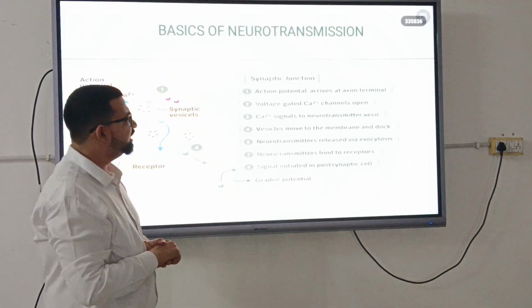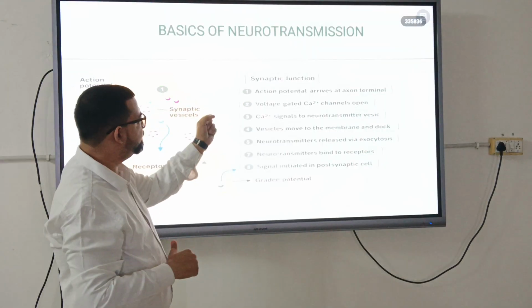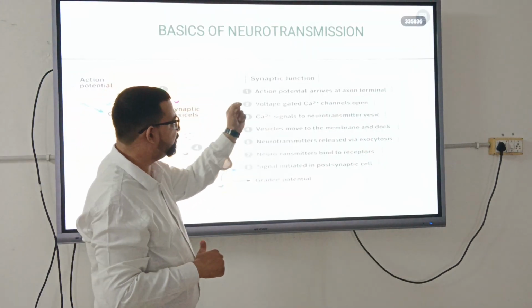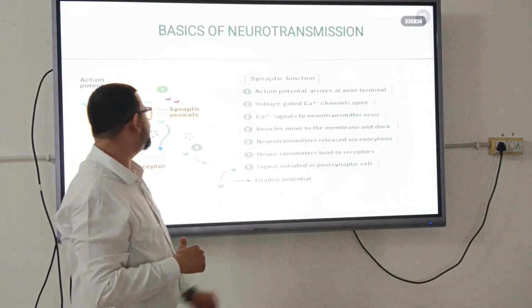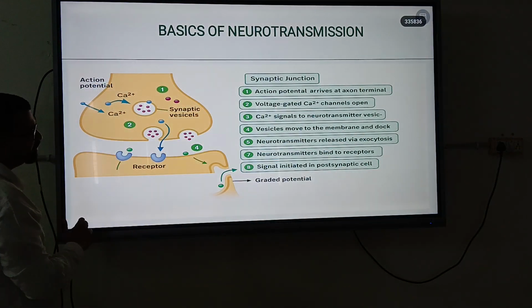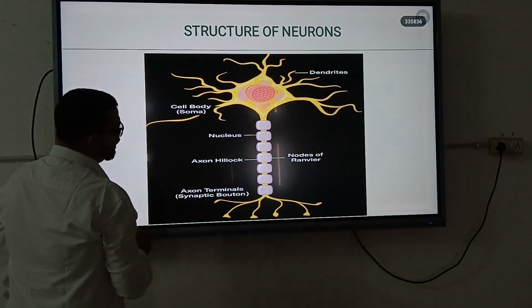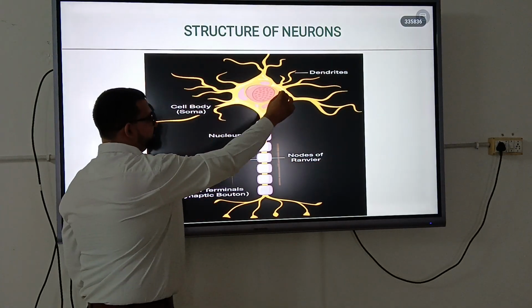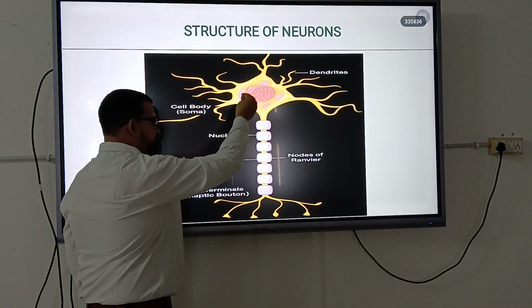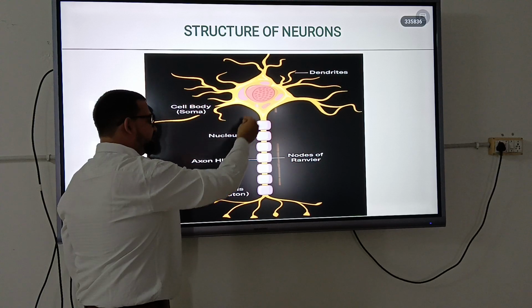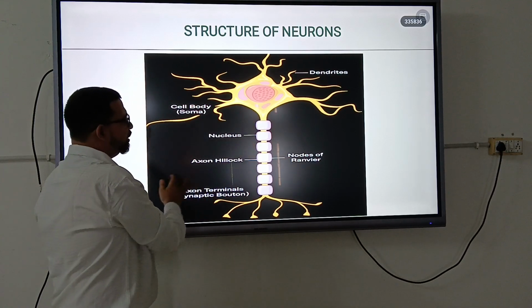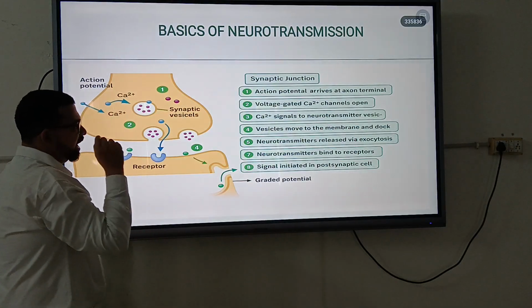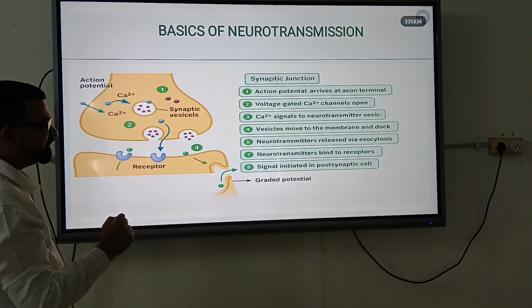The first step is that at the synaptic junction, the action potential arrives at the axon terminal. If we go back to the previous structure, the action potential or impulse first hits the axon. Next come the voltage-gated channels.